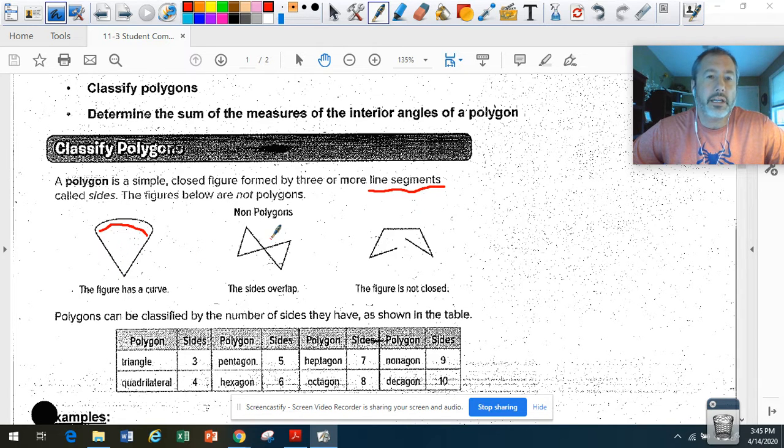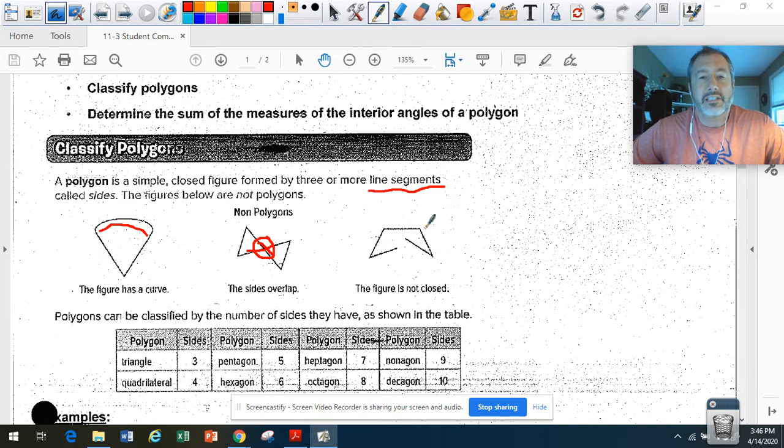If we take a look here, it does not say this in the definition, but we cannot have any type of overlap like what you see here. This actually breaks it into 2 polygons, not 1. So this overlap, this cross right here, says this is not a polygon.